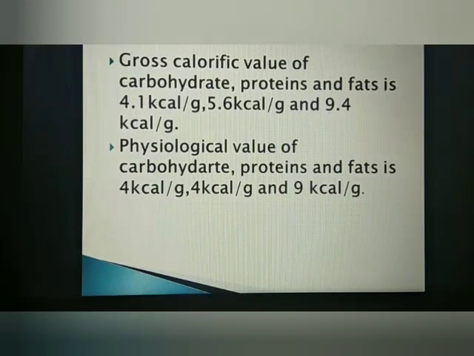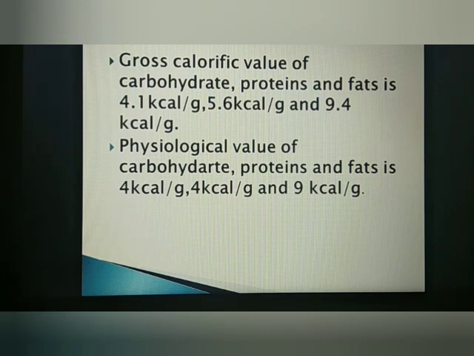So we can compare the calorific values of certain nutrients here. The gross calorific value of carbohydrate is 4.1 kilocalorie, and the physiological calorific value of carbohydrate is 4 kilocalorie, a little bit less than the gross. For proteins, the gross calorific value is 5.6 kilocalorie, whereas the physiological value of proteins is 4 kilocalorie.